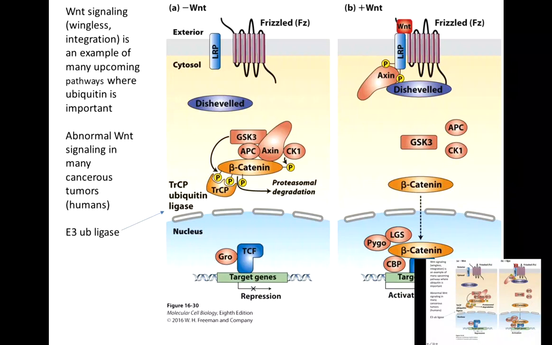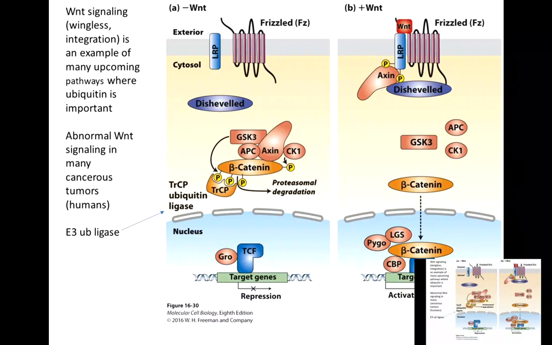WNT is a first messenger. It's floating around in the blood. It's hydrophobic and associated with fatty acids, and that's important for how it moves through the blood. So it tends to be pretty local from where it's produced to where it's acting, and it can form gradients. There are really beautiful pictures of WNT patterns in Drosophila that are important for how the embryo body plan gets set up.